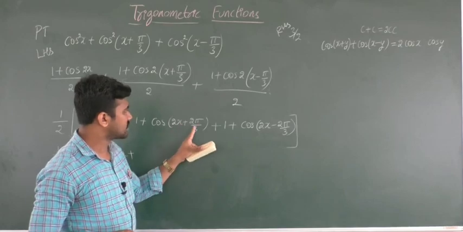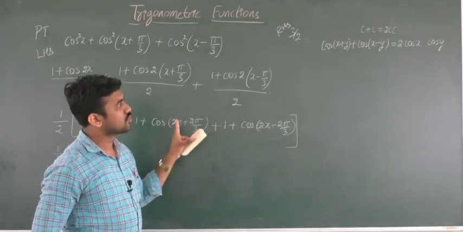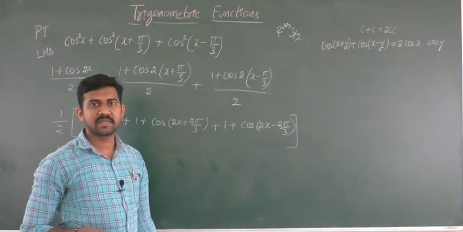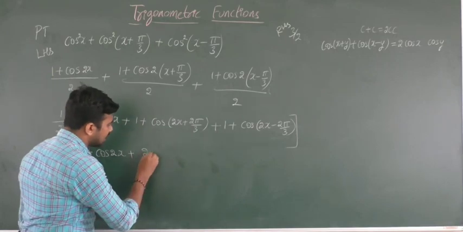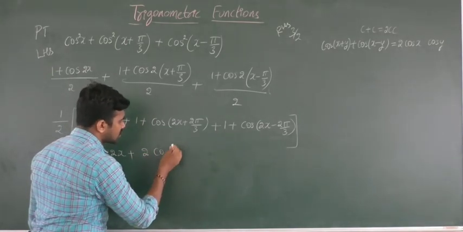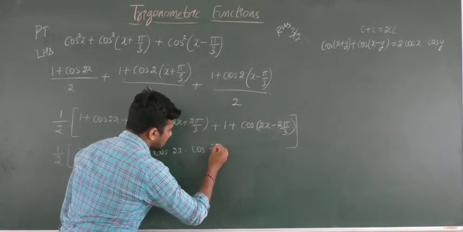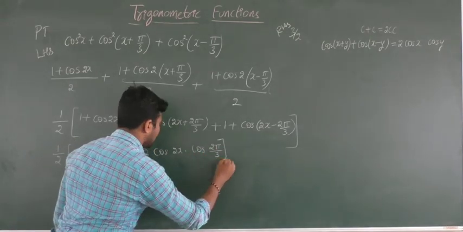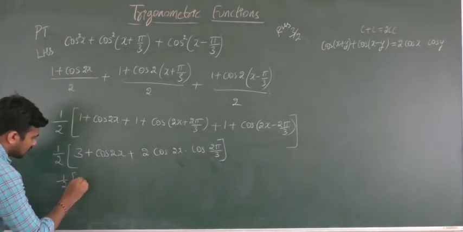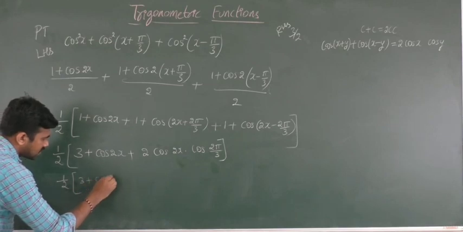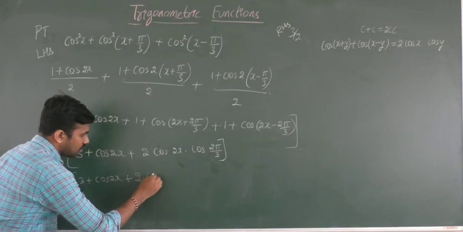So here x plus y, x minus y, both you have in terms of cos. So cos x plus y plus cos x minus y is equal to 2 cos x into cos y. So we can write this is equal to 2 cos 2x into cos y, and y is nothing but 2 pi by 3. Now half into 3 plus cos 2x plus 2 into cos 2x.